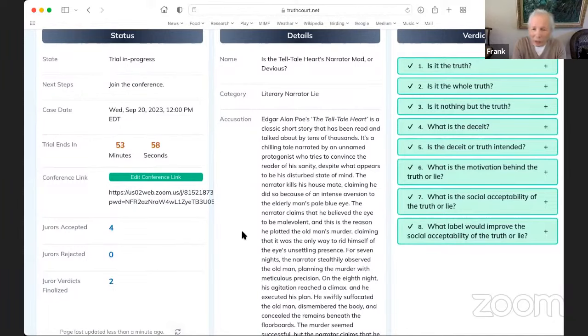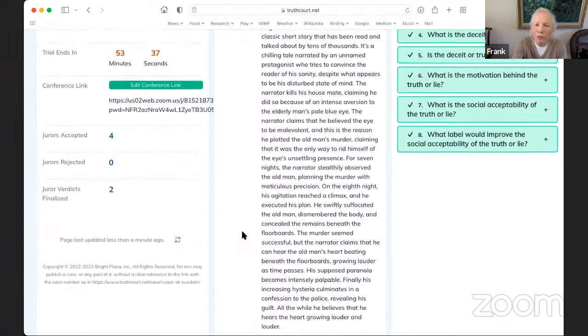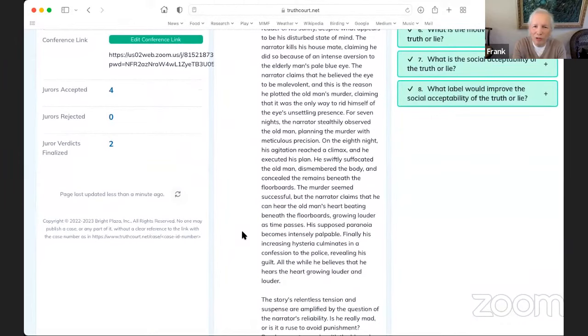To summarize the story, the narrator kills his housemate, claiming he did so because he had an intense aversion to this old man's pale blue eye. The narrator claims that he believed the eye was malevolent, and this is the reason why he plotted the old man's murder, claiming that it was the only way to rid himself of the eye's presence.